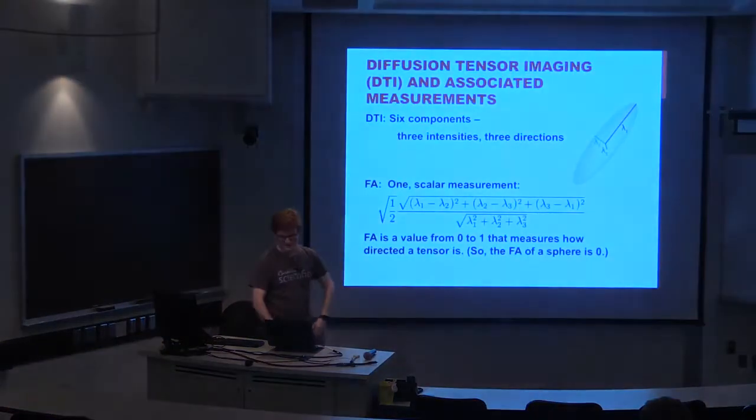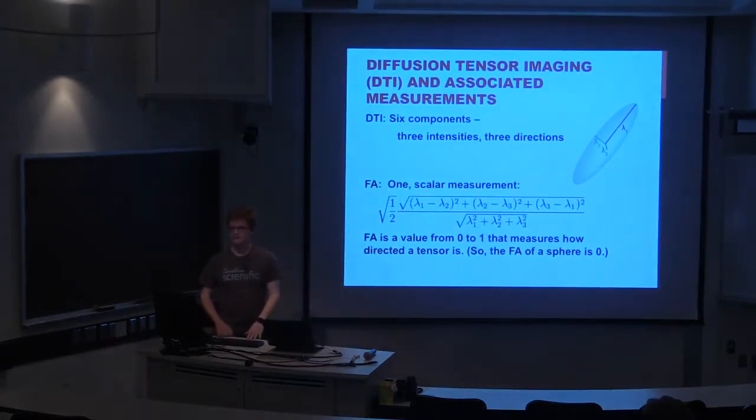All right. And so within DTI, within each 3D pixel of data, you have one of these tensors that consists of 6 numbers, which can represent the tensor.